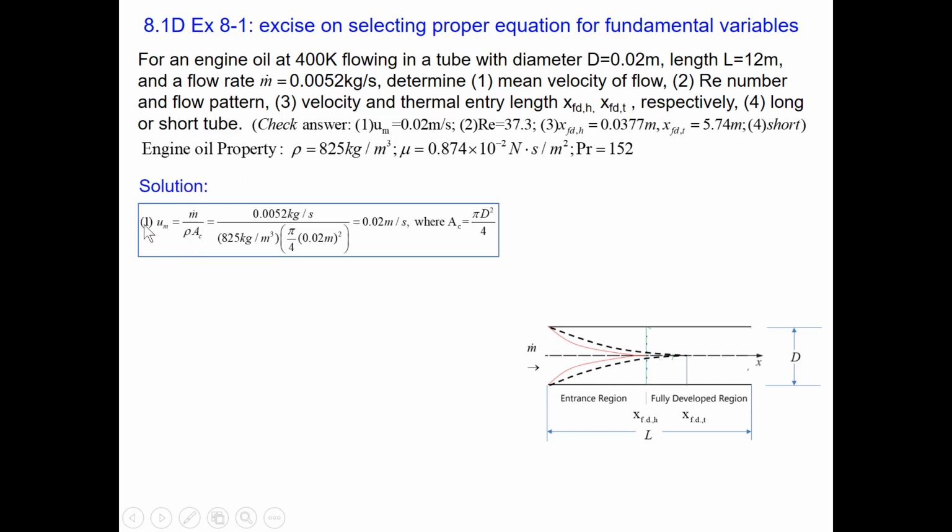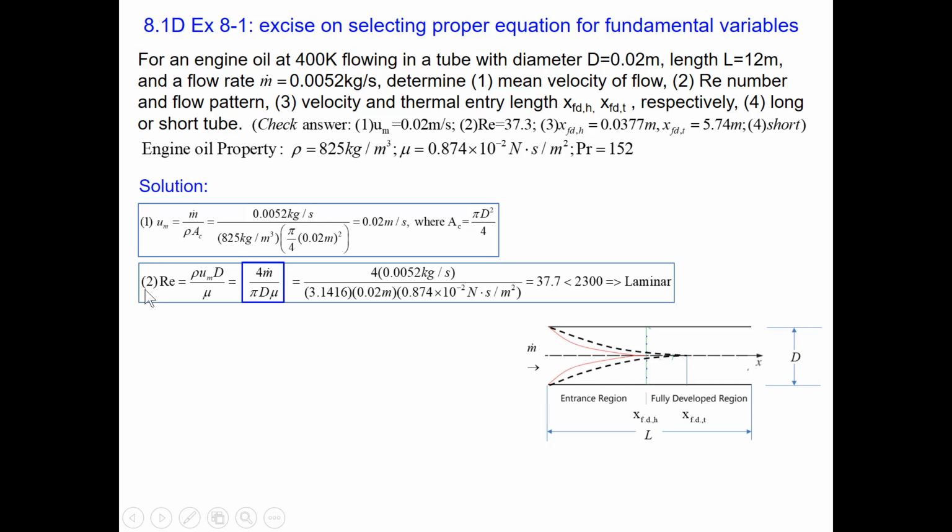Equation 1 defines the mean velocity of internal flow. Plug in numbers: mass flow rate, density, cross-section area of the tube. We get the mean velocity of the flow. Equation 2 defines the Reynolds number.